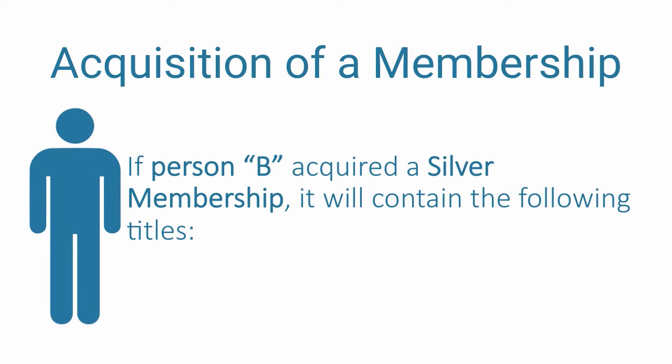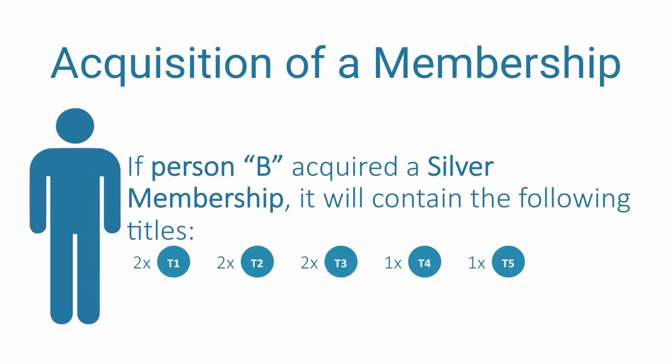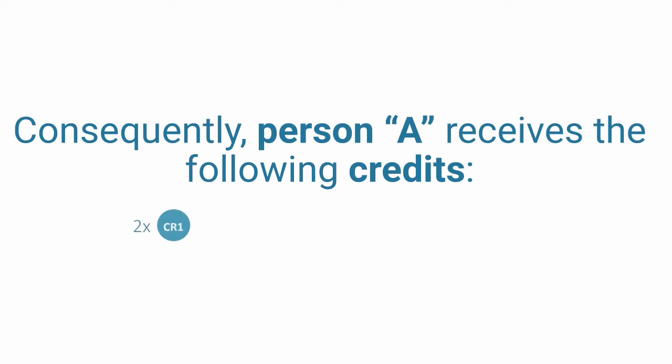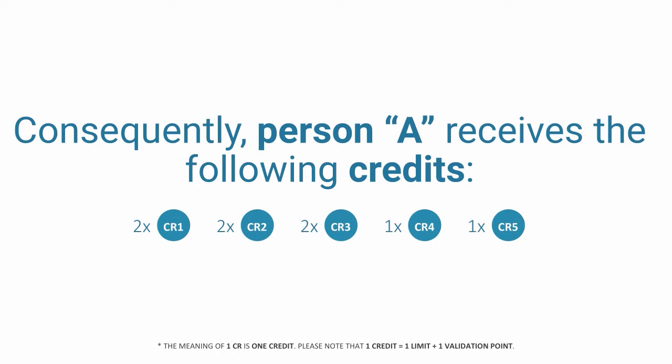Let's say person B acquires a silver membership that consists of 2 T1, 2 T2, 2 T3, 1 T4, and 1 T5. Person A will receive consequently 2 credit 1, 2 credit 2, 2 credit 3, 1 credit 4, and 1 credit 5.